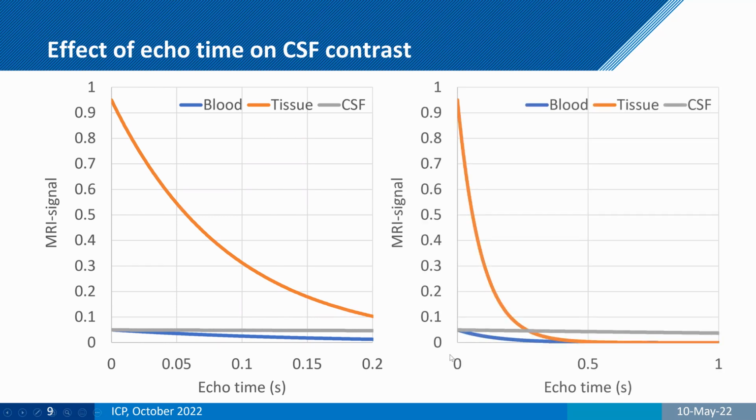So if you just prolong your echo time long enough, even in a partial volume voxel with very little CSF, if you measure at very long echo times, you will only see the CSF. So this is a great way of sensitizing our MR signal to the CSF compartments.